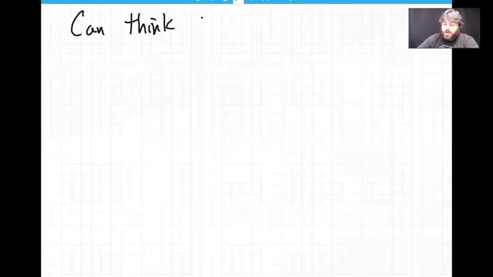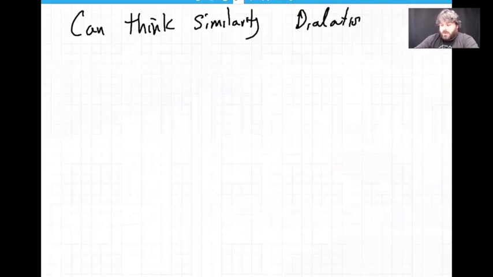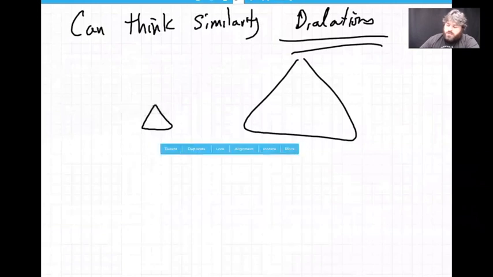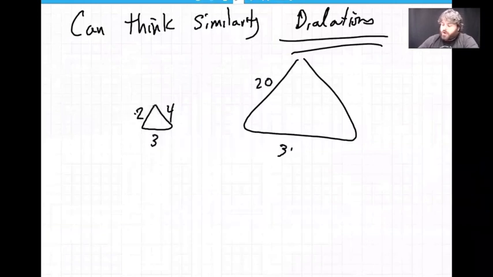Okay, you can think of these similarity problems like dilations. From geometry, we talk about a shape being dilated. If this is 2 and 3 and 4, this becomes 20 and 30 and 40.